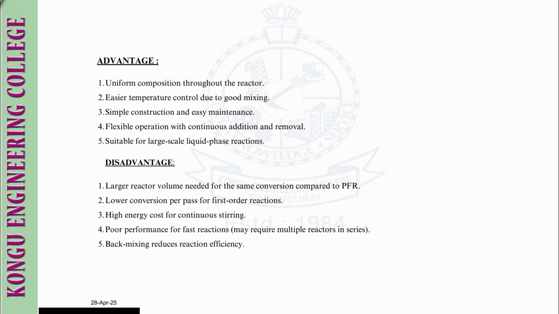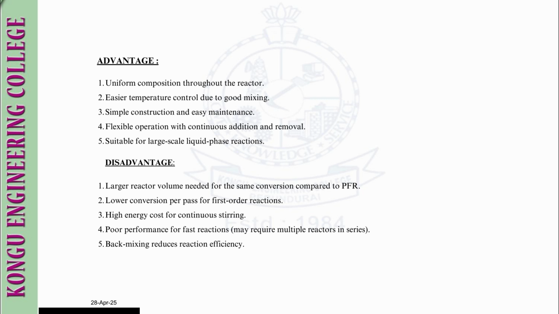Let's now understand the advantages and disadvantages of a continuous stirred tank reactor. Starting with the advantages. First, a CSTR maintains a uniform composition throughout the reactor because of continuous stirring. Second, it allows for easier temperature control, making it ideal for reactions sensitive to temperature changes.